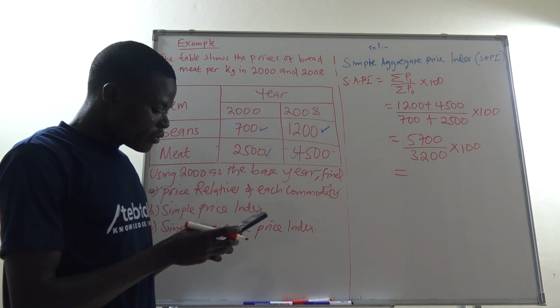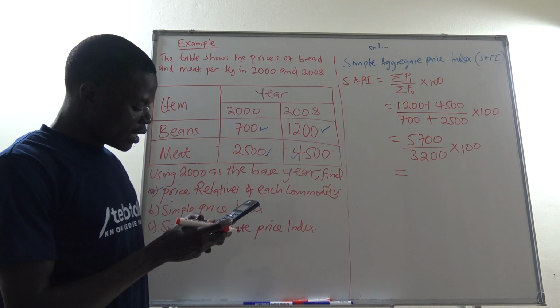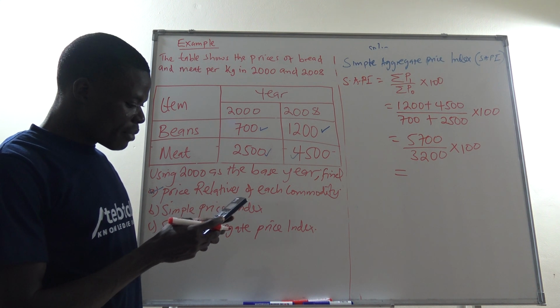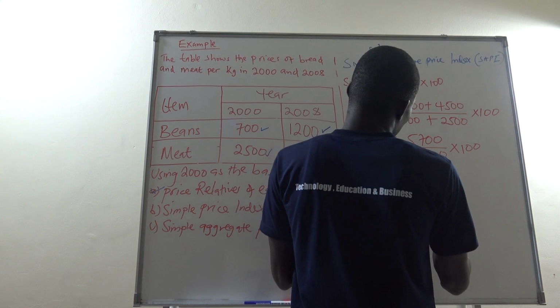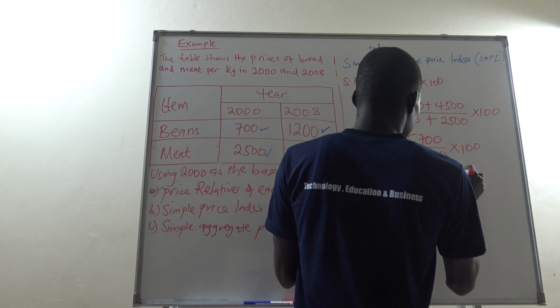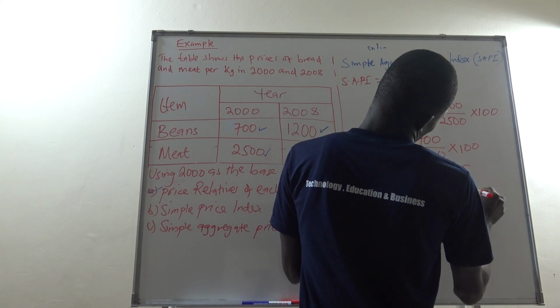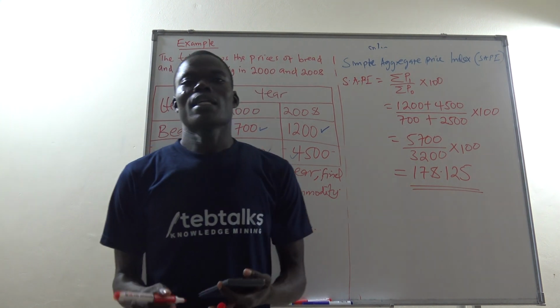If you divide 5,700 by 6,200 and multiply the answer by 100, we shall get 178.125. So this becomes our answer of simple aggregate price index.